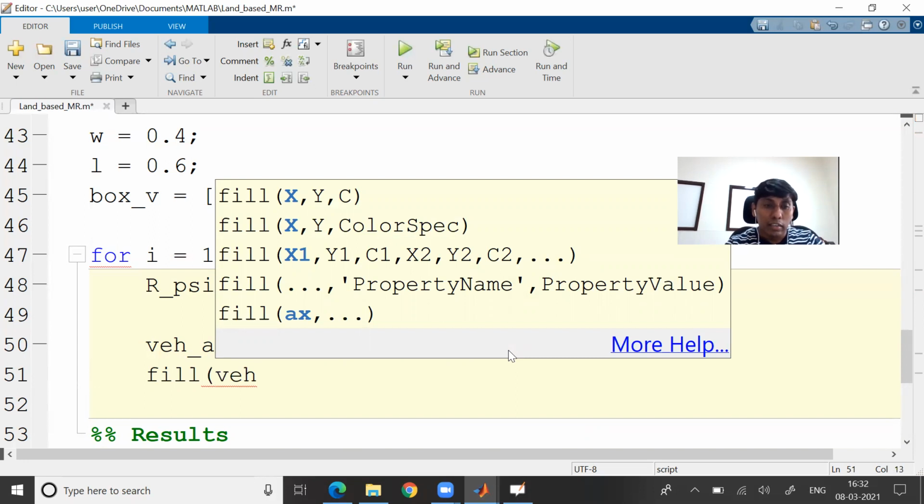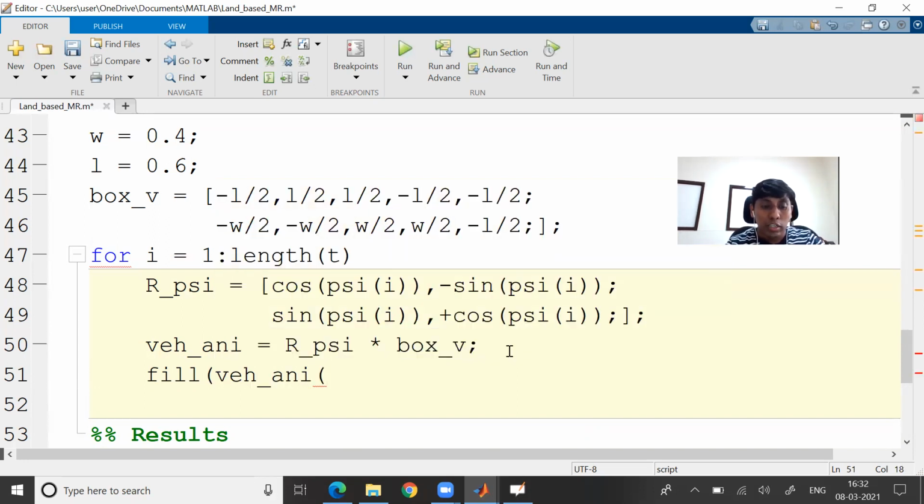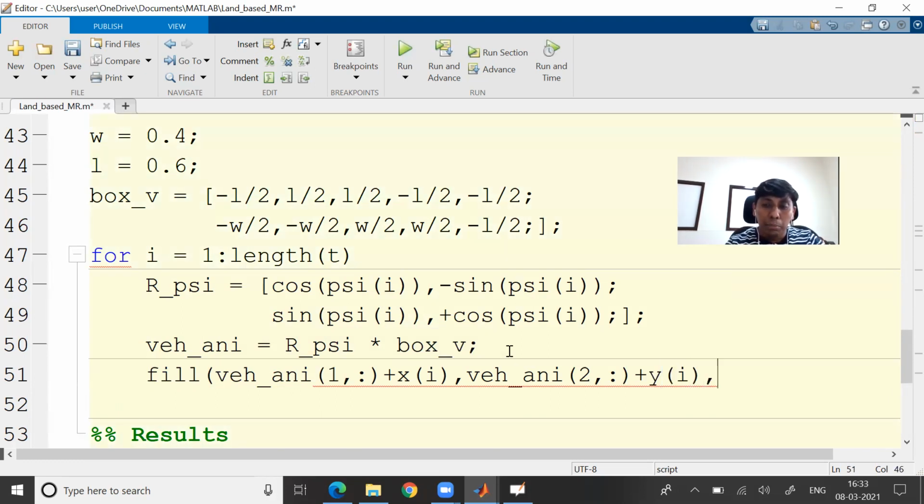So the vehicle animation would have two quantities, like two rows. The first row, all the elements would be added with x of I because we started from the origin, right? The same thing for the vehicle animation second quantity with y of I. So now I'm putting this in yellow. Yellow is for academic. So that's what the yellow color comes here.